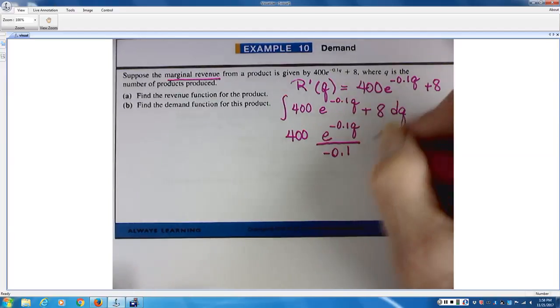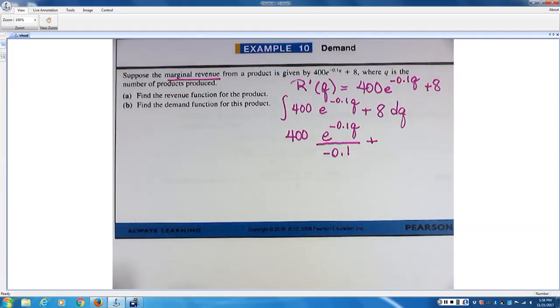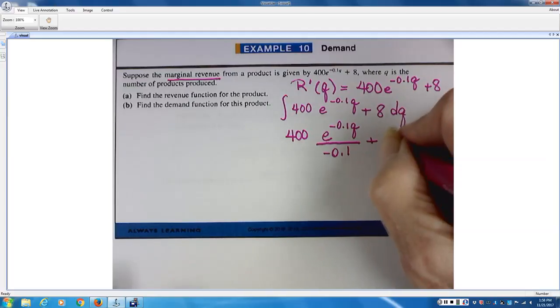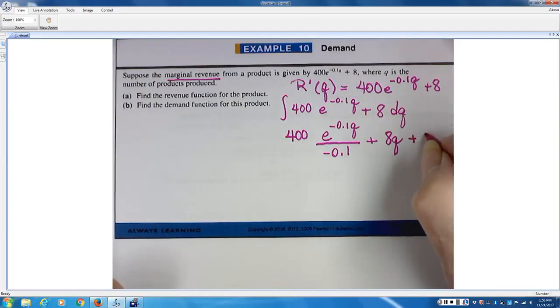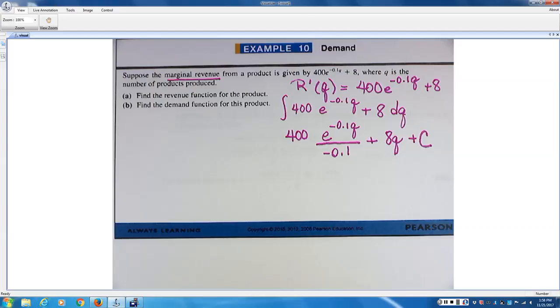And then the integral of 8 dq is going to be 8q. If you've got the integral of a constant, you basically just put the variable back in. And then that's plus c for our constant of integration.